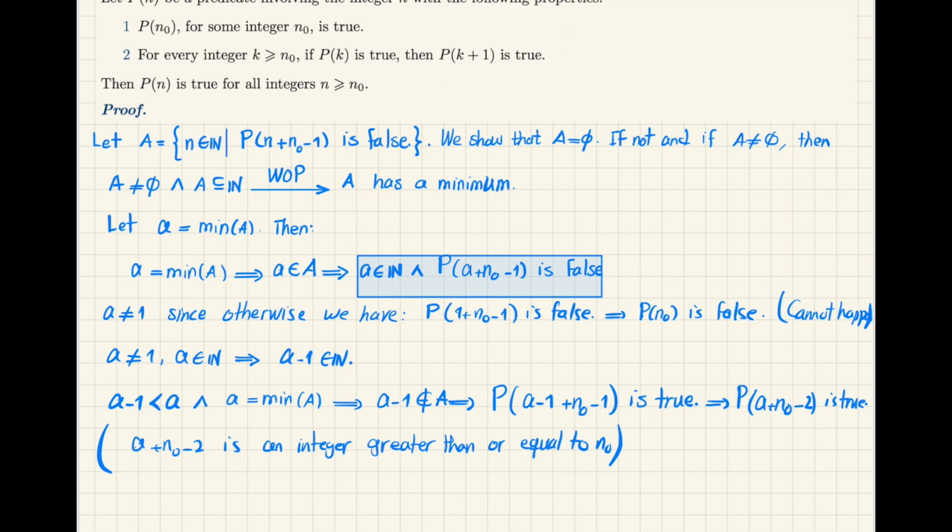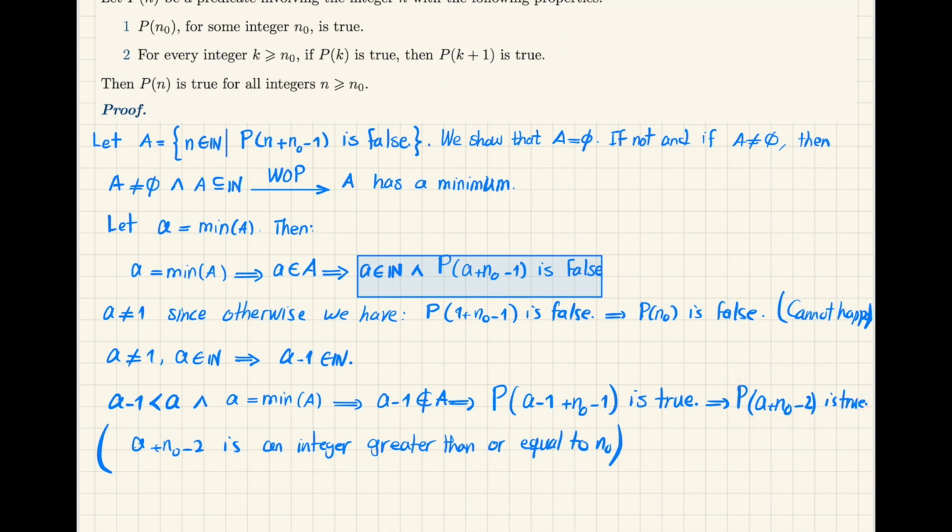This tells you that if you have an integer, that integer is greater than or equal to n node, and you know that p of that integer k is true, then you can conclude that p of k plus 1 is also true. So here, this is an integer, this is greater than or equal to n node, and we know that this is true.